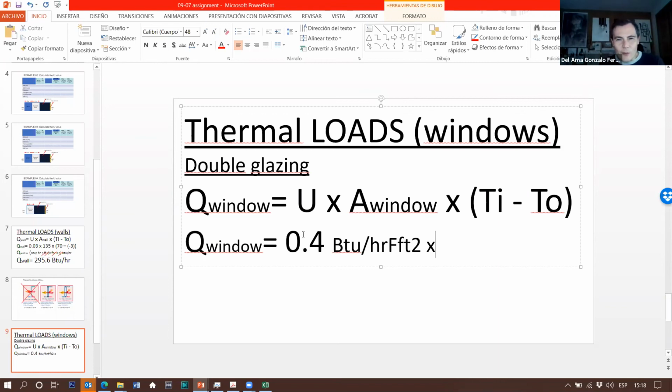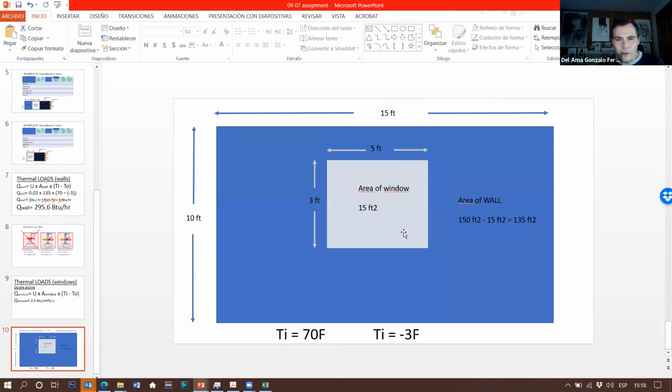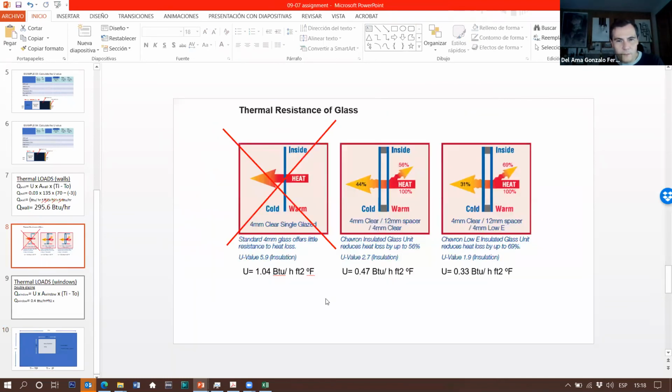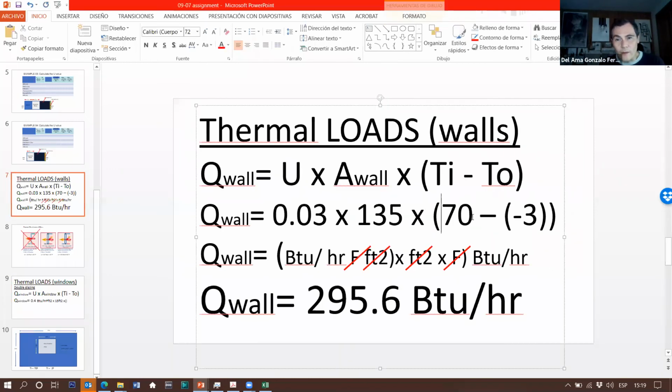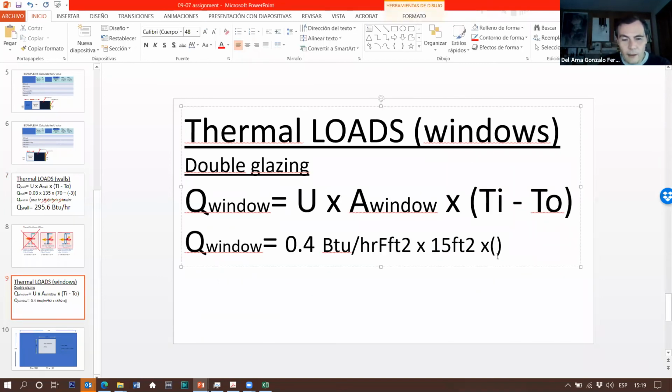Times the area of windows. In our elevation, the area of our window was 15 square feet. So this is 15 square feet times the temperature difference. It's the same. We were working with 70 minus -3.